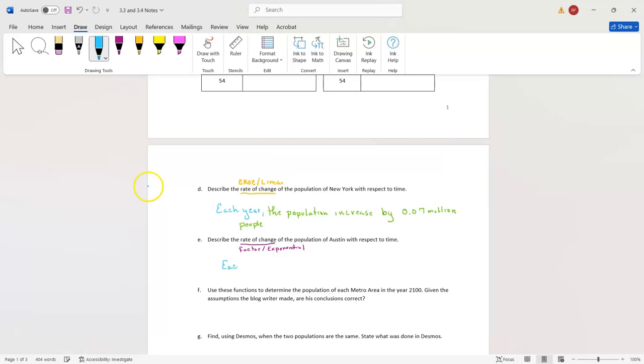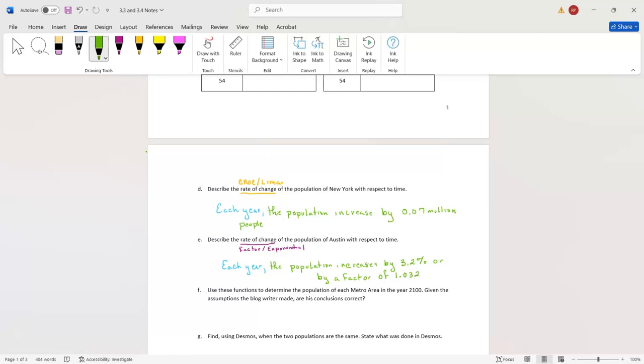And so we're going to start out the same way. So each year, again, having an input part of our statement and an output part of the statement, the population increases by 3.2% or by a factor of 1.032.